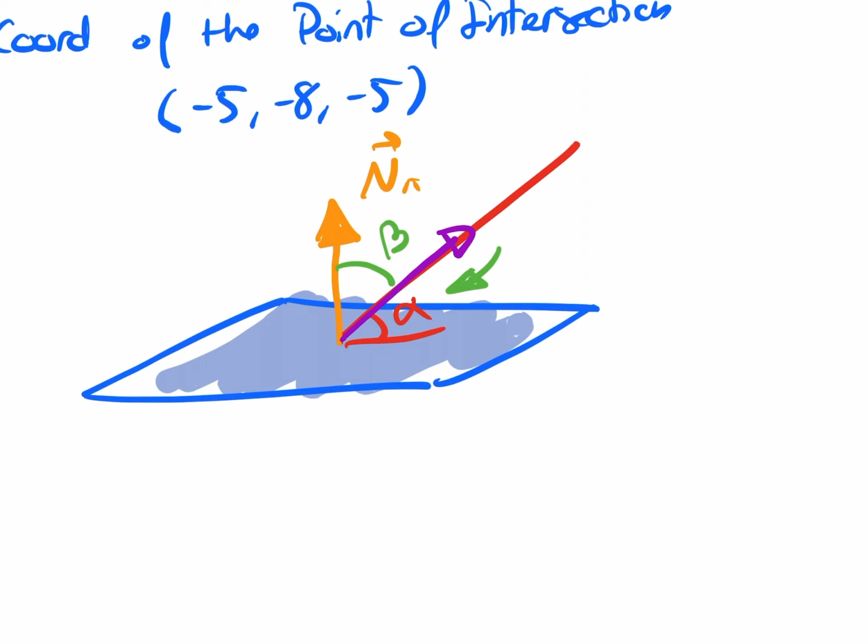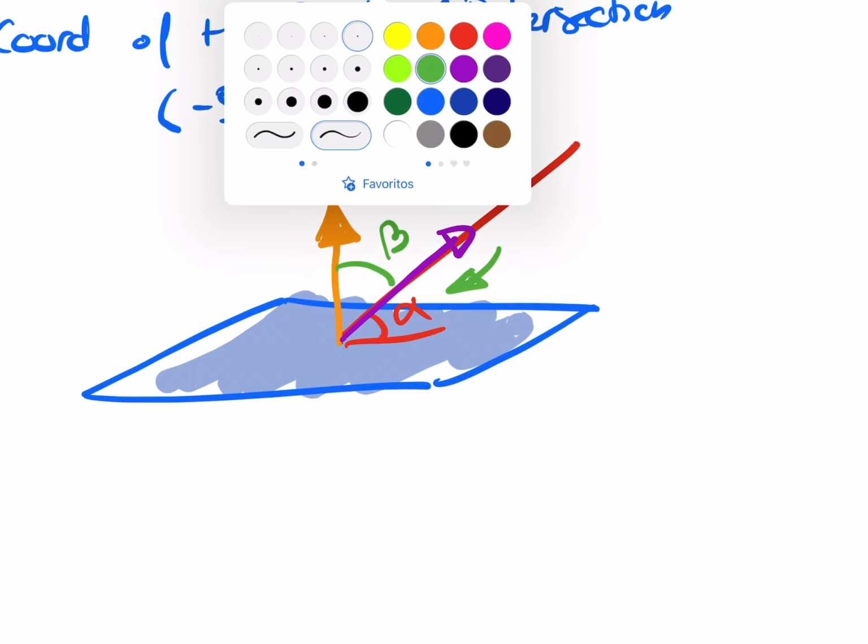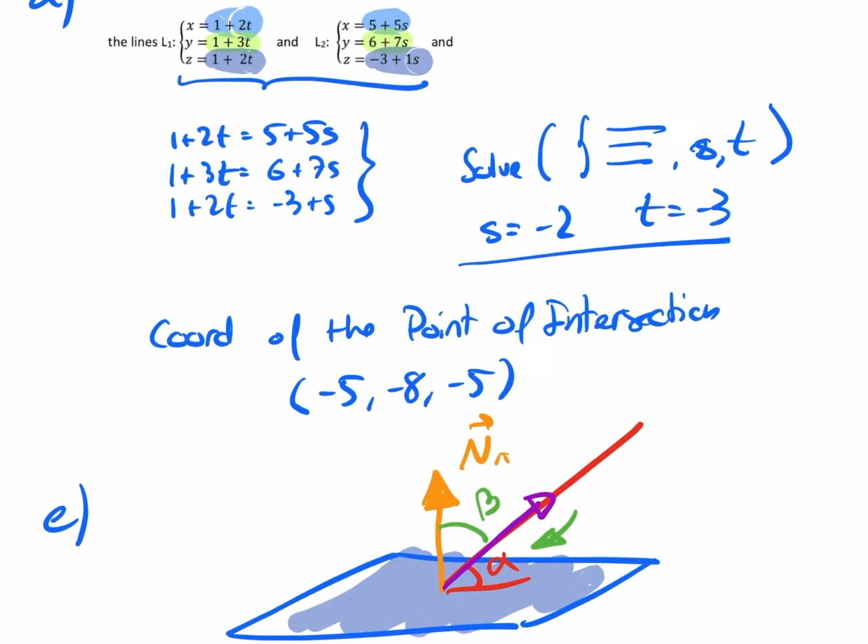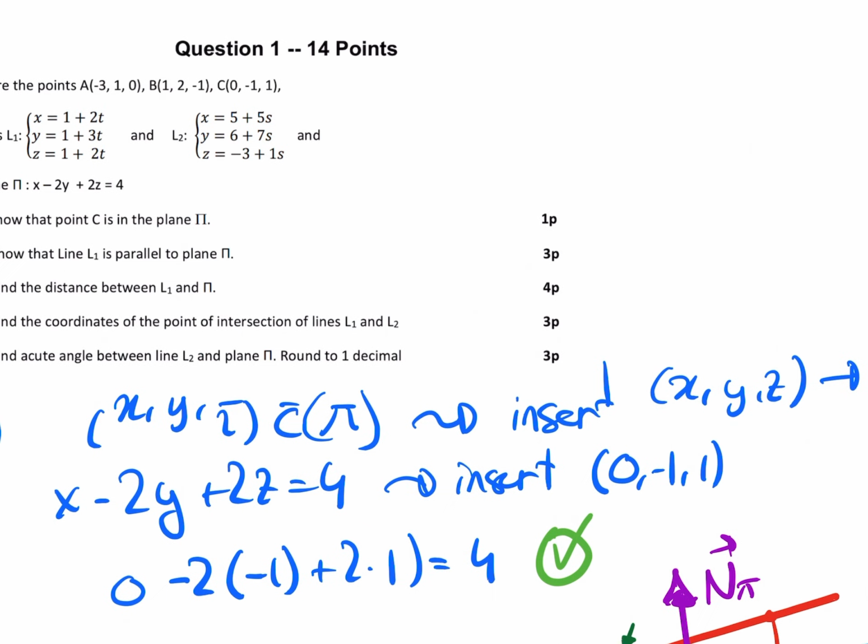So how do we do this? Well, let's see what numbers we've got here. We've got to use the direction vector of the line, (5, 7, 1), and the normal vector to the plane, (1, -2, 2).